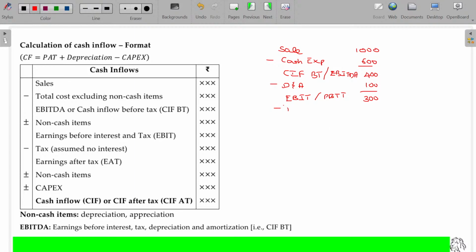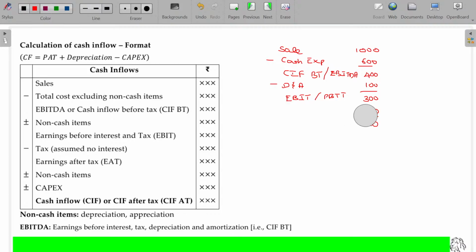From there, we have to subtract the tax. If the tax rate applicable for this company is 30%, tax on this EBIT being 90. Okay, 30% on 390. The value you get here, 210, is named as earnings after tax. Oh, I missed subtracting the interest. Sorry.